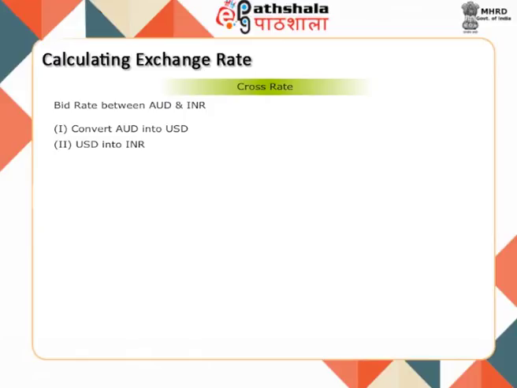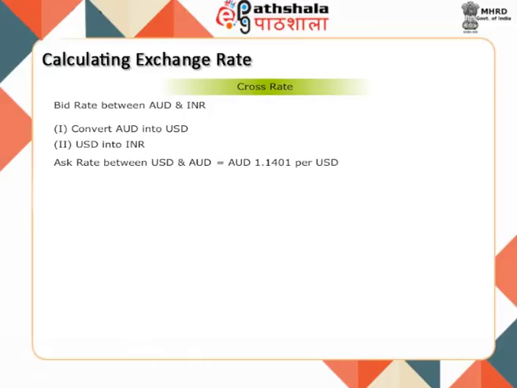By conversion, we mean exporter will buy USD in exchange for AUD. The exchange rate applicable to this transaction is the ask rate of USD and AUD given as AUD 1.1401 per USD. This quotation tells that the exporter will get 1 USD in exchange for 1.1401 AUD.